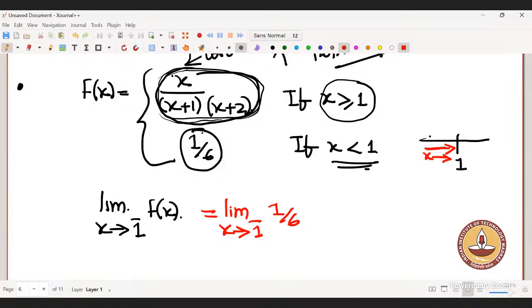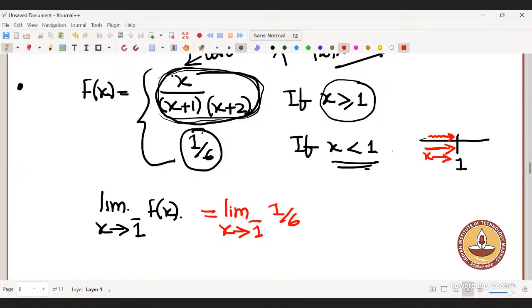When x is approaching 1 from the left hand side, you are checking where your f of x approaches. That is the definition of the left hand limit.